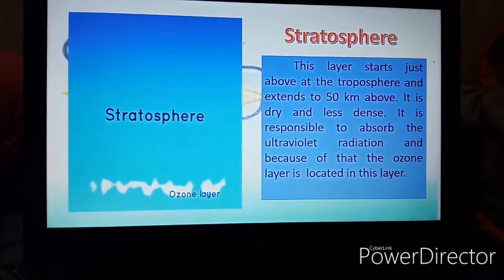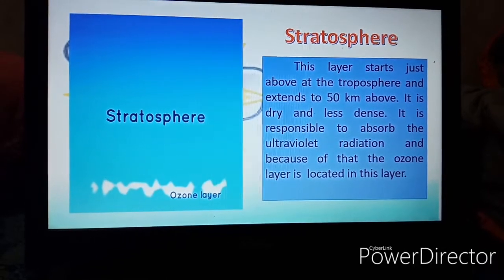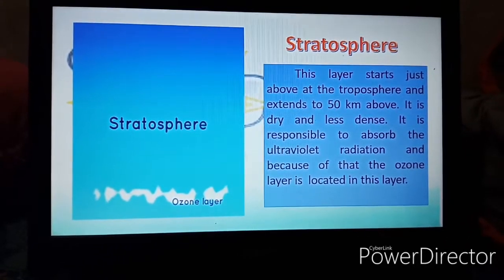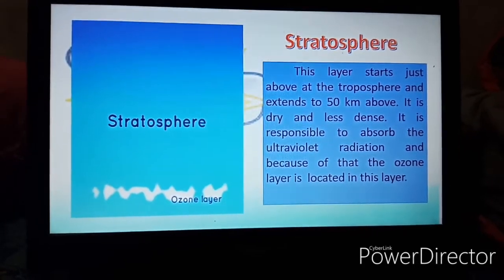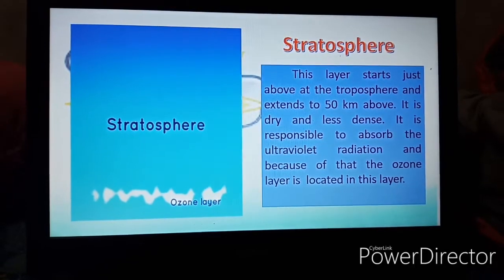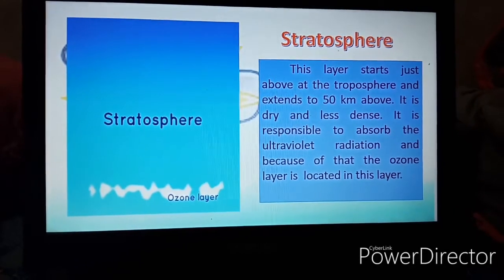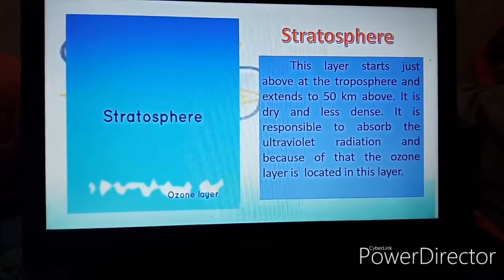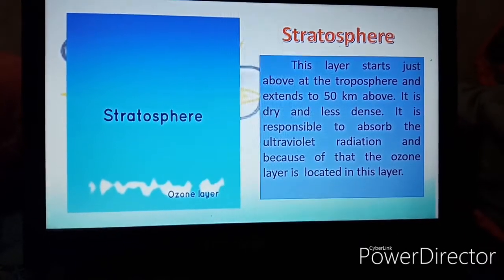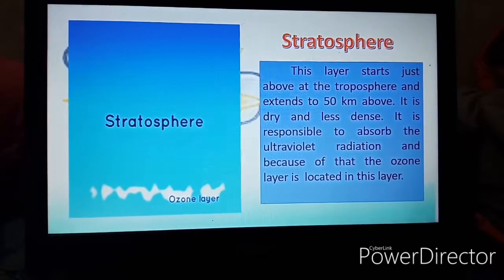It is responsible for absorbing ultraviolet radiation, and because of that, the ozone layer is located in this layer. The stratosphere is considered the most important layer of the atmosphere because it blocks the ultraviolet radiation that comes from the sun, and because of it, we are safe and living on this earth.